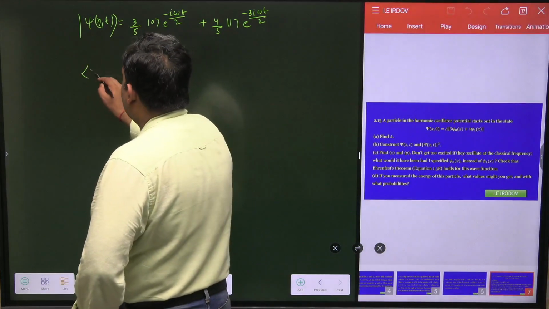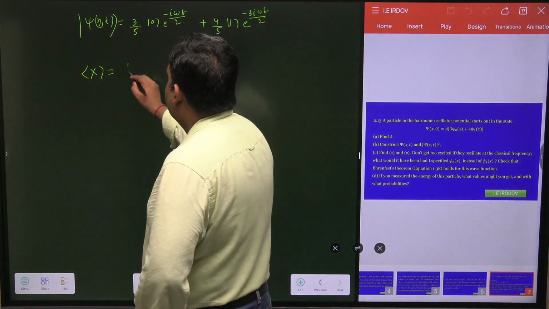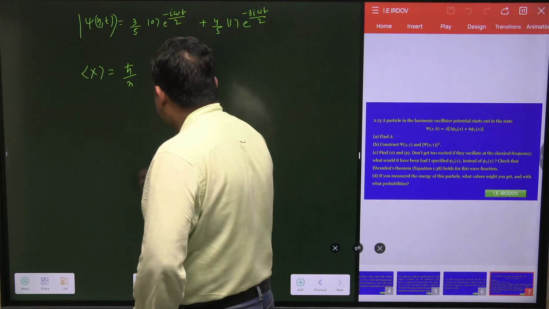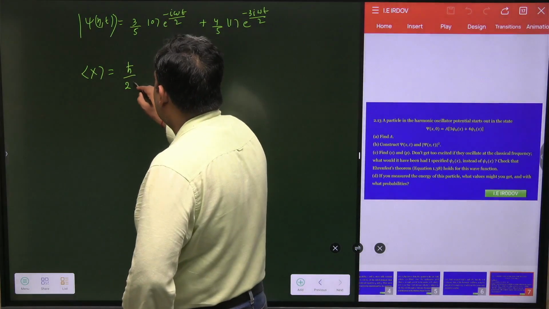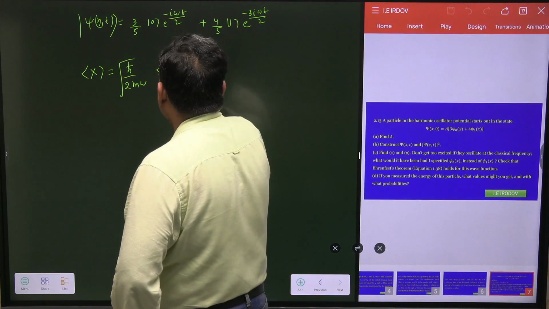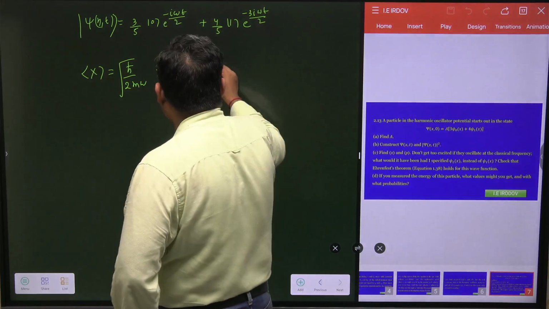And when we want to calculate the average value of x, then this value is equal to h cut upon 2m omega, that is average value of A plus A dagger. So we have to calculate this particular thing.